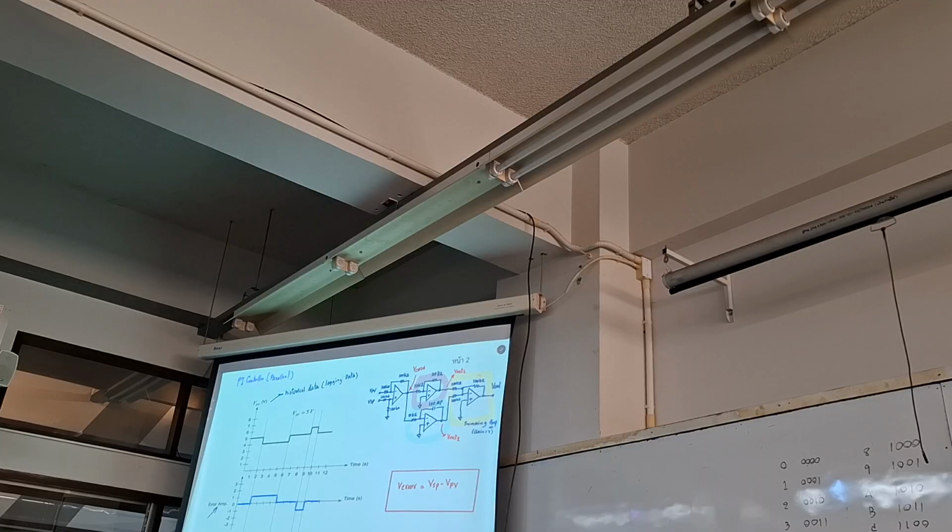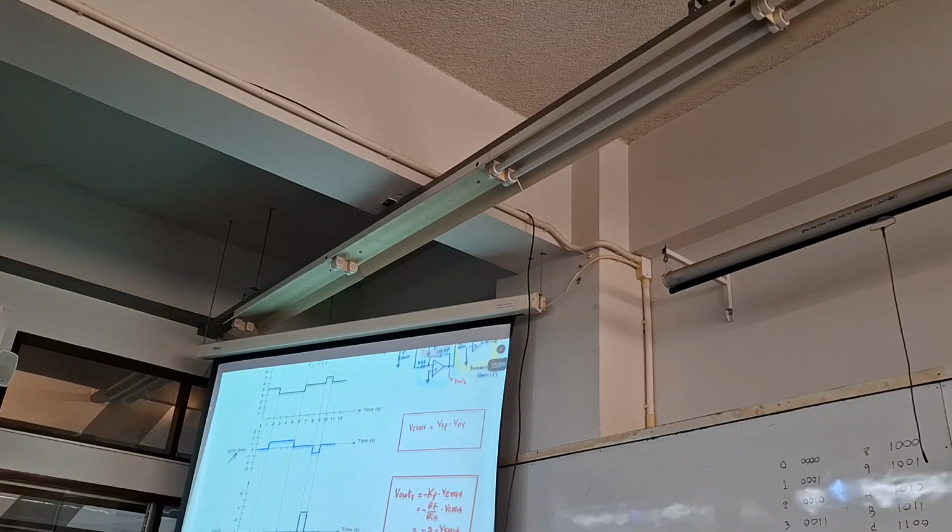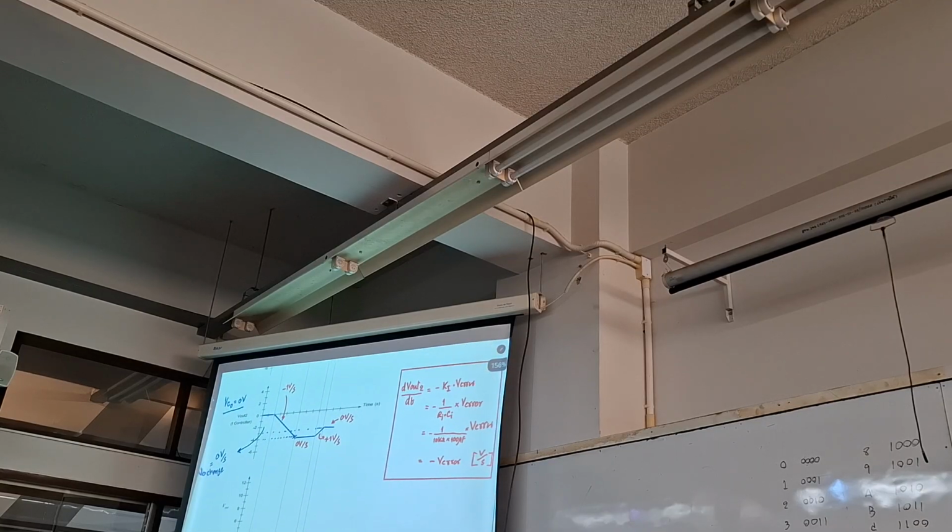If you can recall the summing amplifier equation, it will have something like that. You have V out 1 plus V out 2 because the gain of the circuit is equal to 1. Then I can write the output equation like this.